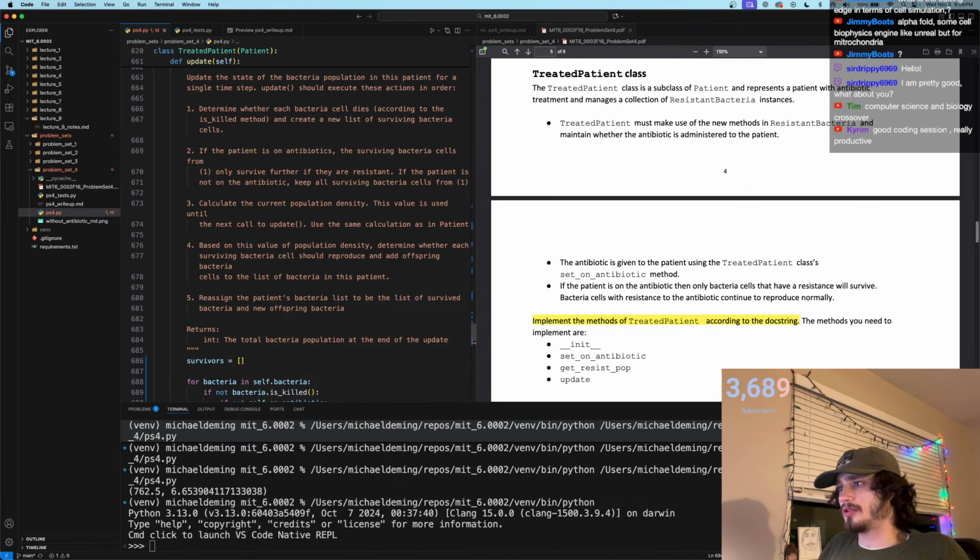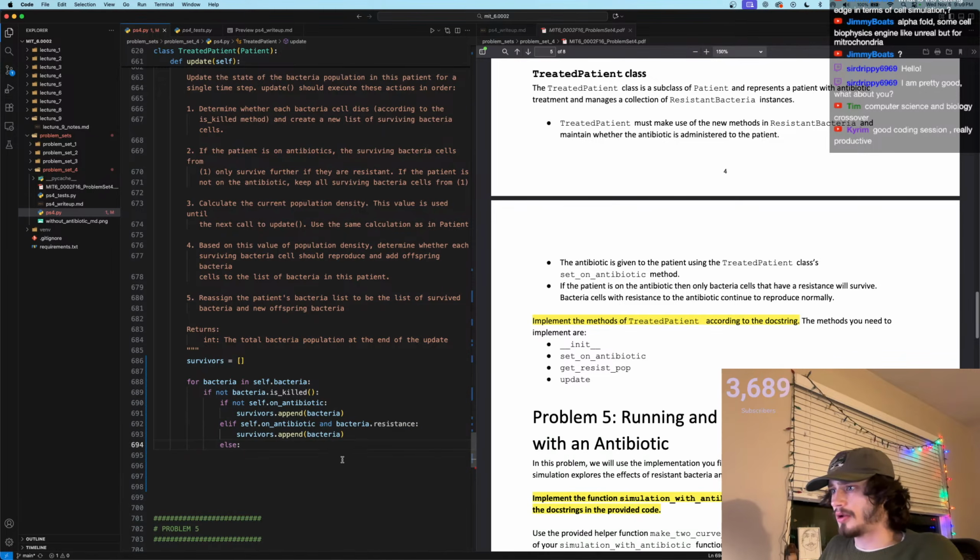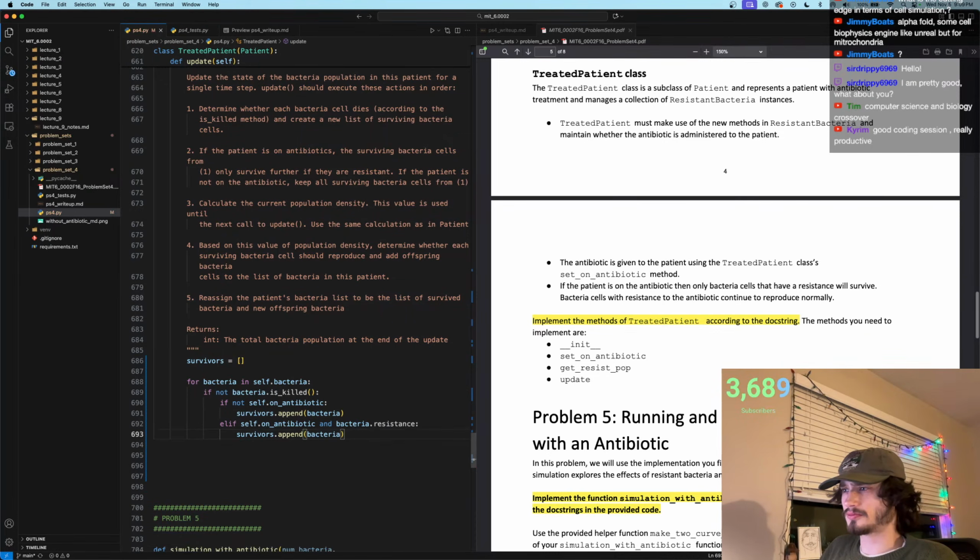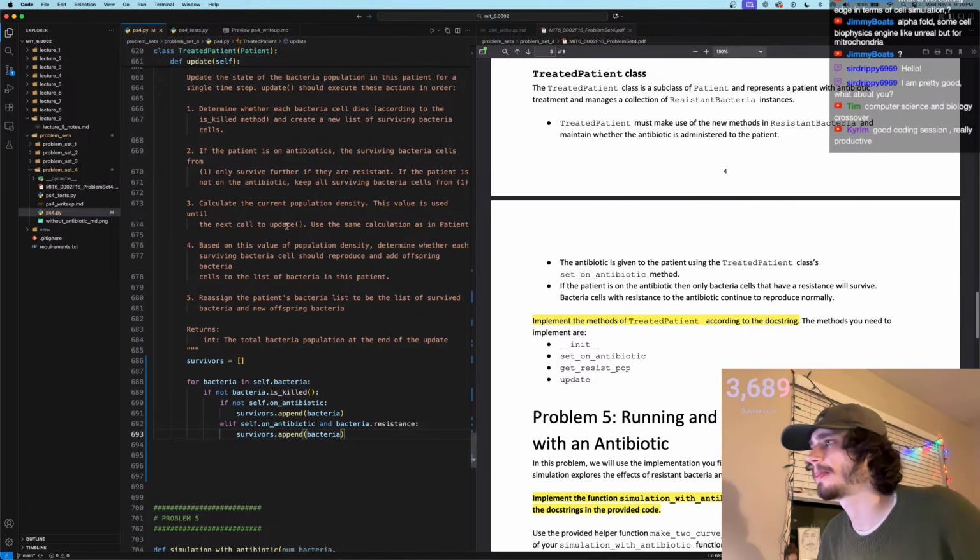Else, you are on antibiotics and the bacteria does not have resistance, you would pass, you would continue. So nothing there. Okay, so that would calculate that.